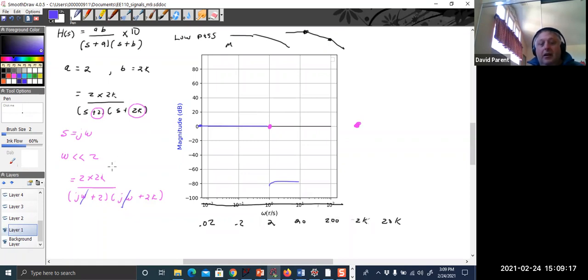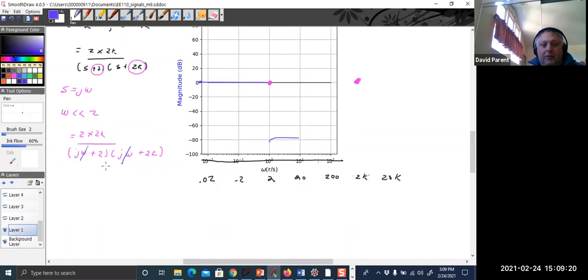Now I'm just going to scroll this up a smidgen. Well, what if omega is between these two roots, 2 and 2k? Poles, excuse me, between those two poles.